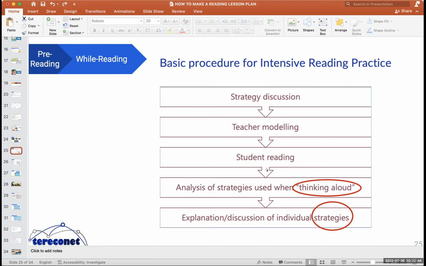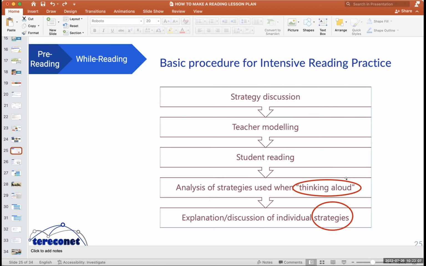So they can read in group, they can read in pair, they can read by themselves. So they're done with the reading, answering all the questions. And for the next stage, it could be analyzing the strategies that we discussed earlier. And then we analyze how they use that strategy in the reading process.